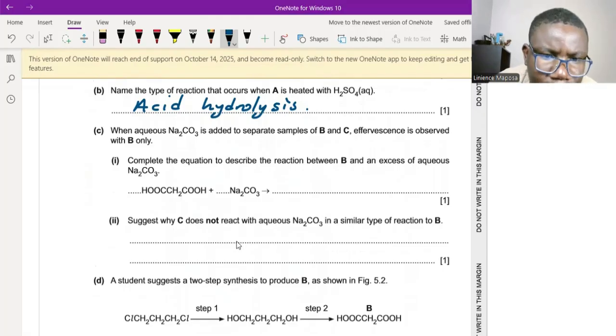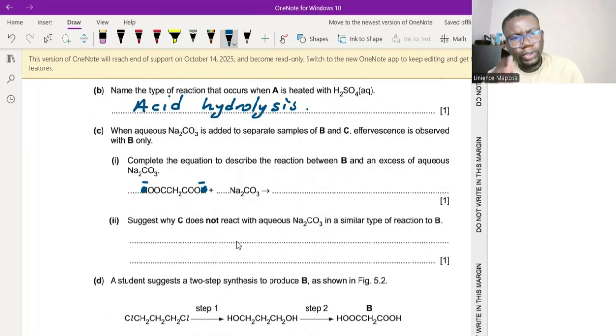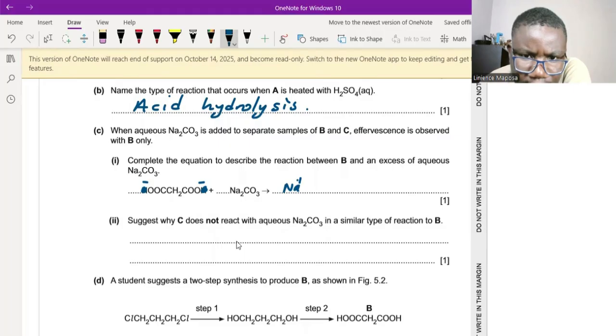Okay, so this hydrogen will be replaced with sodium. This will be replaced with sodium because now we have a carboxylate like that, negatives, and then I form COO minus Na plus. So it's kind of ionic there.